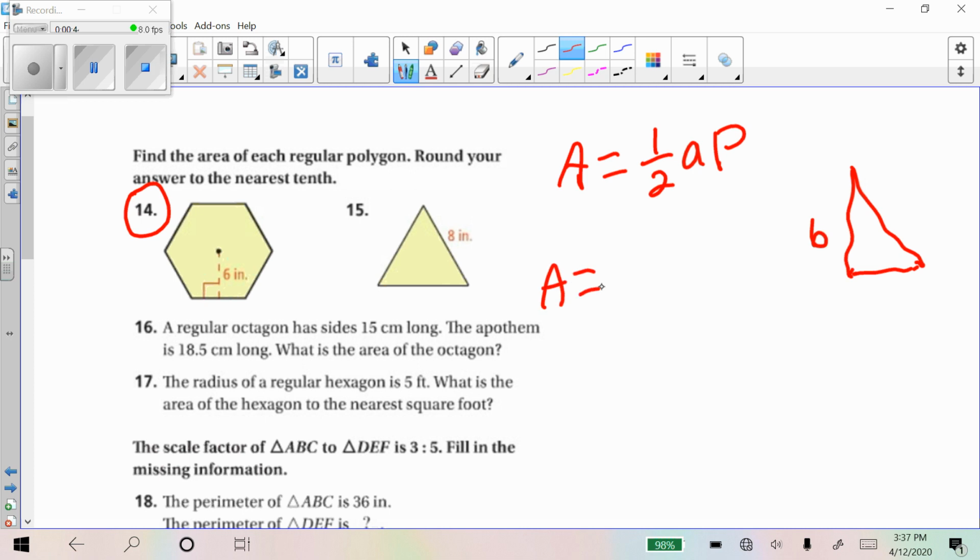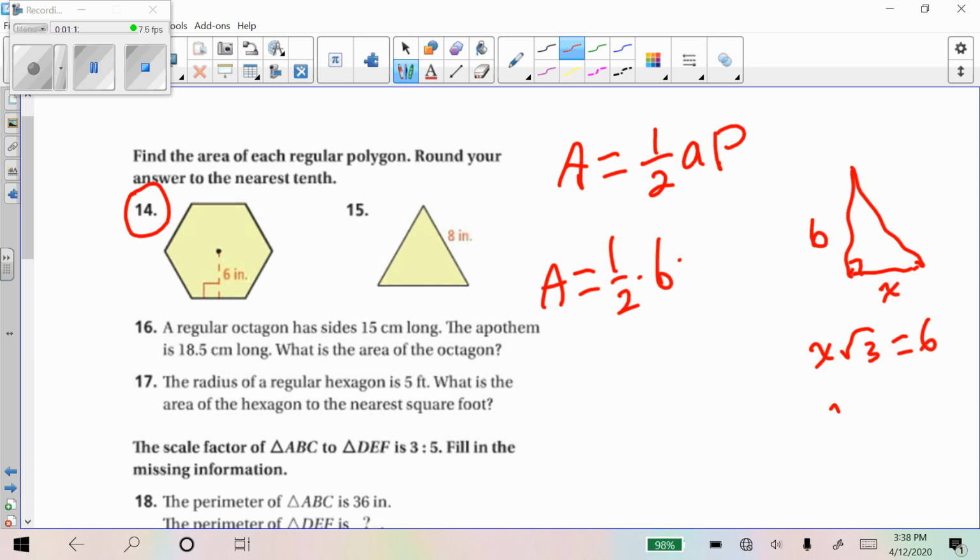So we have 1/2 times 6, and for the perimeter, we would need to know this value down here so that we could find the side length of the hexagon. And remember that this would be a 30, 60, 90 triangle. So if we took x times the square root of 3, we would get 6.